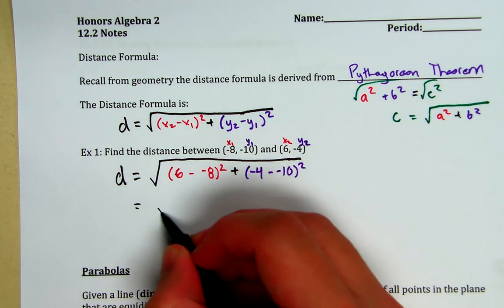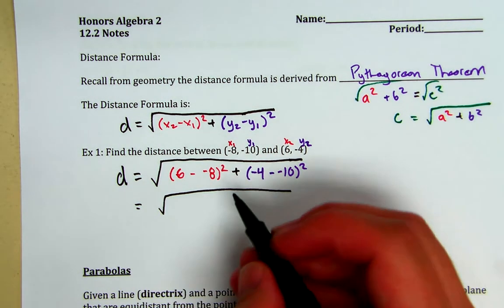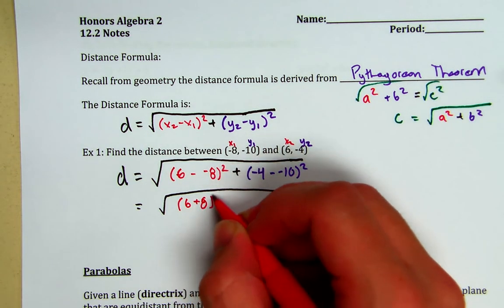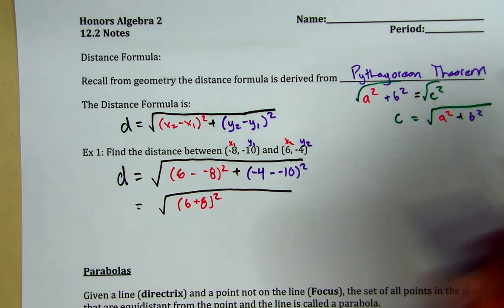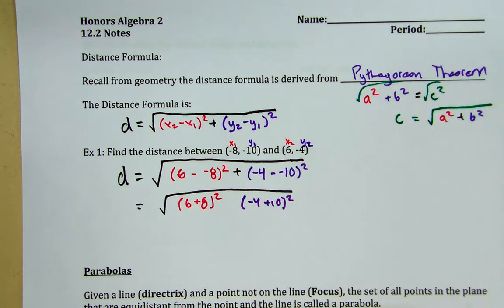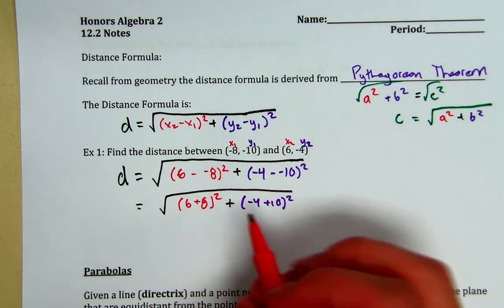So let's simplify our square root here. We end up with 6 plus 8, and we've got -4 plus 10 squared, adding them together. Well, we know that this is going to be 14.